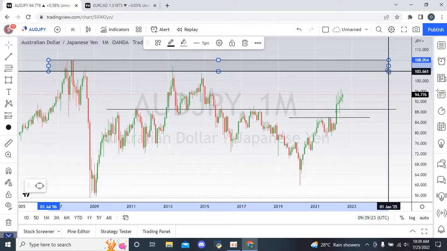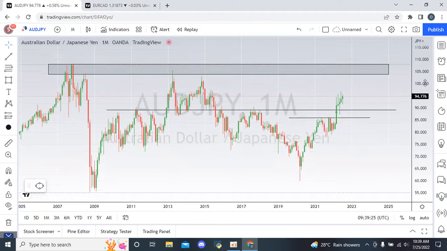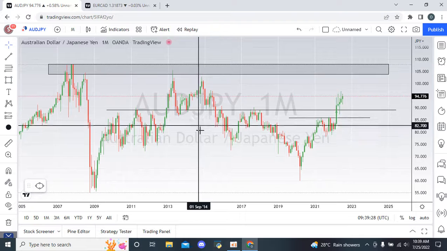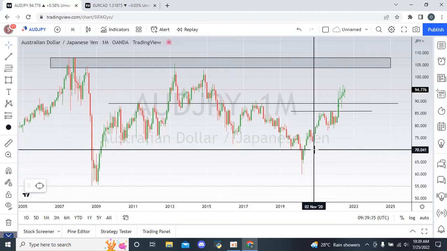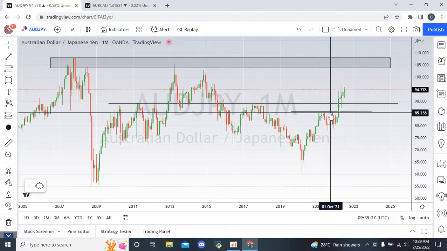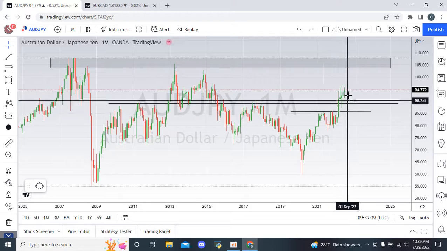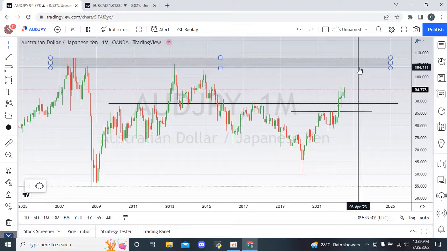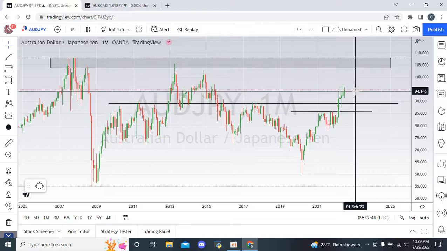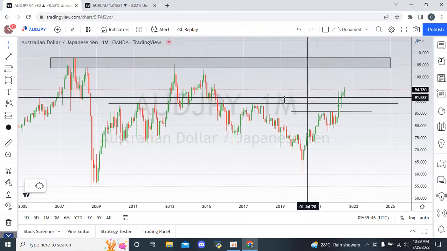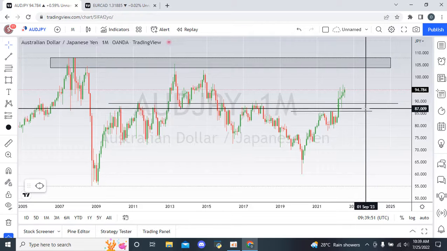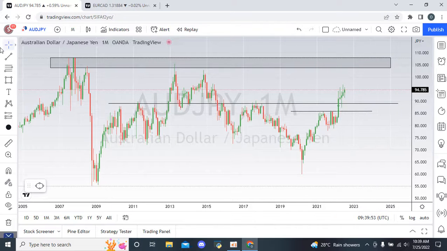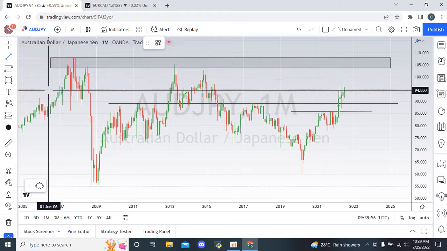You can agree with me that this price will at least test this particular zone using the monthly time frame right now. But what we were able to look at yesterday is that before the bullish market continues, the price is going to retest each of these two regions that we just identified.